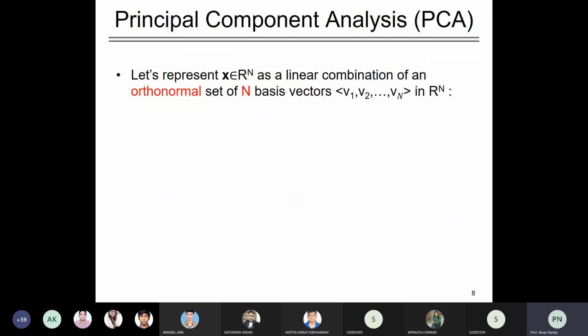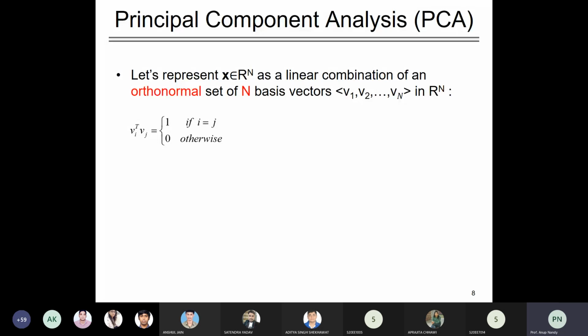Now PCA. Let us represent: you have the n-dimensional real space, and here you have this capital X, which is a linear combination of an orthonormal set of n basis vectors, represented by V1, V2, ..., Vn in the n-dimensional real space. Recall the procedure of PCA that I explained in the last class.